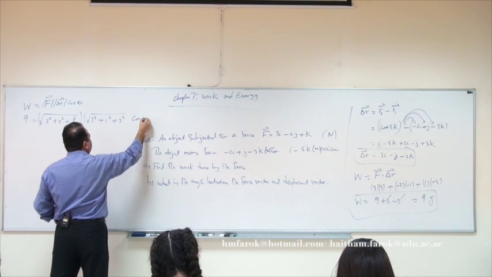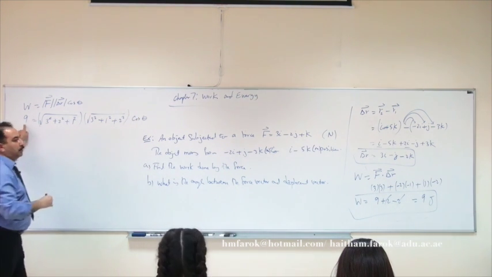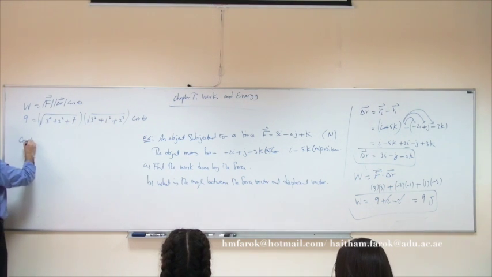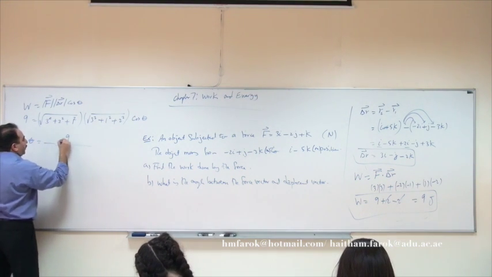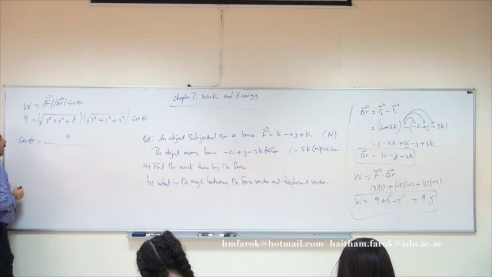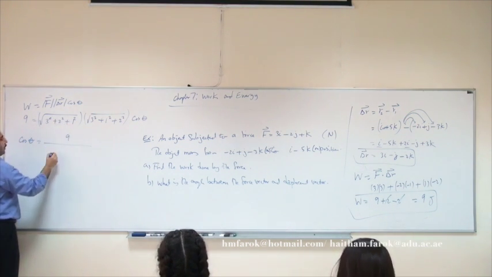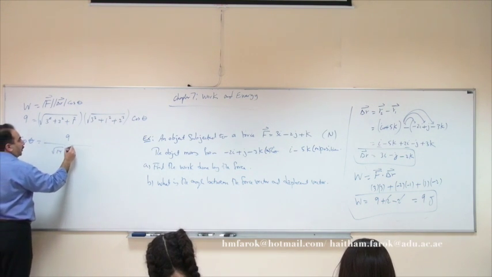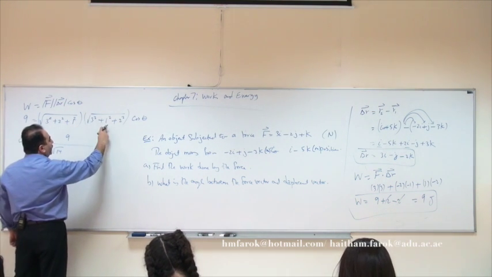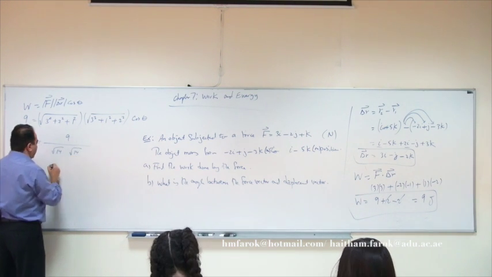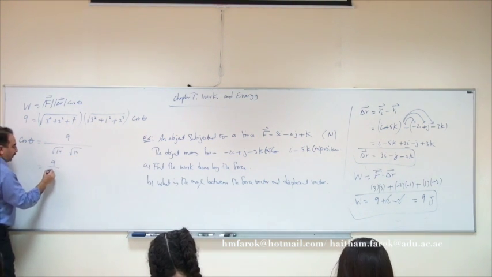Multiply by cosine theta. So what is cosine theta equal to? 9 over the magnitude. Here you have 9, 10, 14, root of 14. And here 9, 10, root of 14 as well, yeah? So it's 14. So it's 9 over 14.